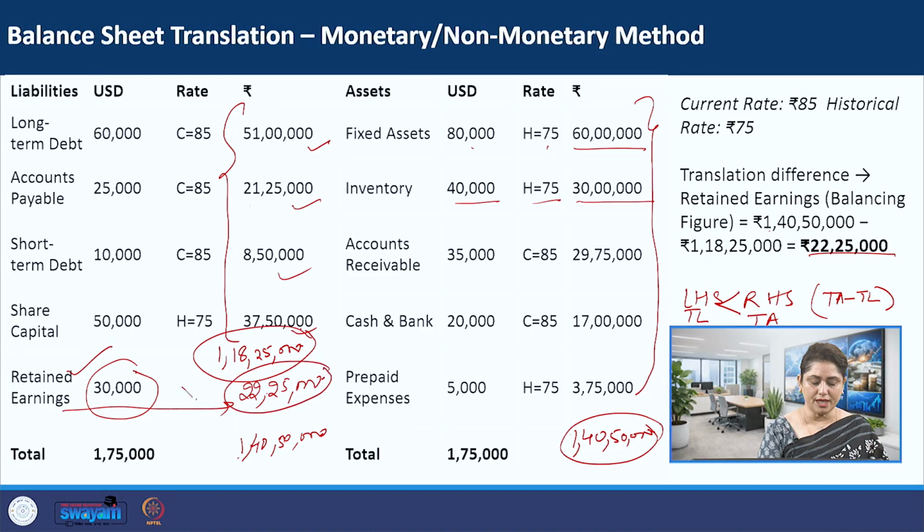Now, this is our retained earnings. There is no rate given here, and we are not actually converting the retained earnings either by historical rate or by the current rate. We are deriving this figure. So, you can see retained earnings are derived from the whole translation.